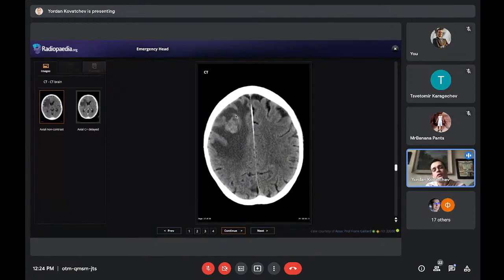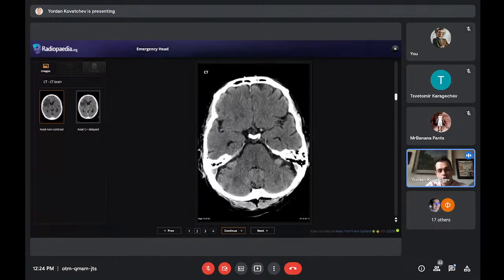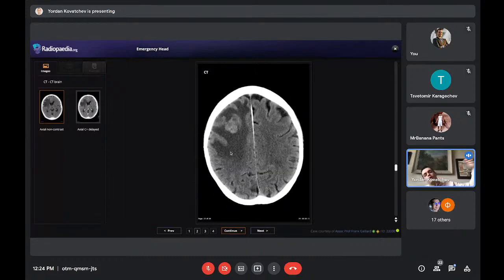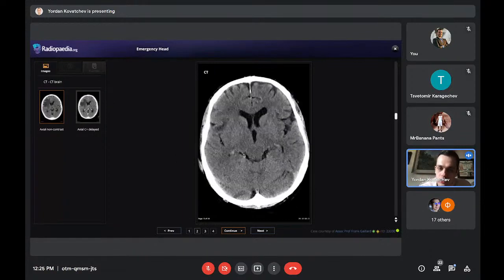Now, look at these changes, how small they are, and how big the edema is. This is really typical. Can someone take a guess before I show you? Actually, don't take a guess, but can someone think about what we should do next? Because this is not enough. We're not entirely sure what's going on with the patient.